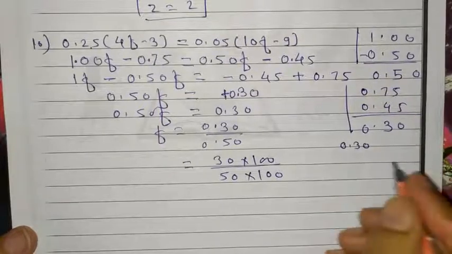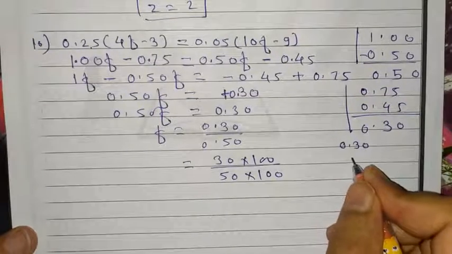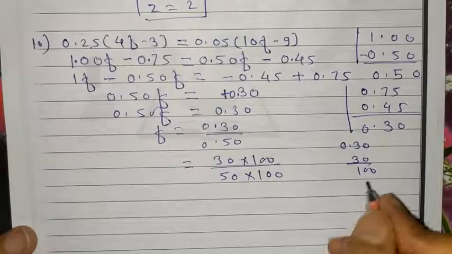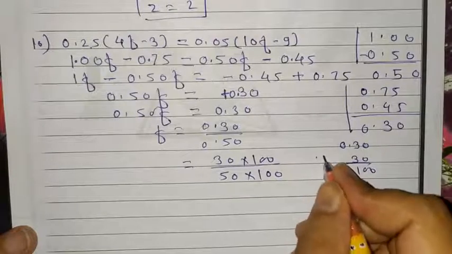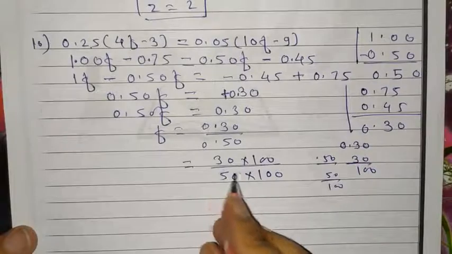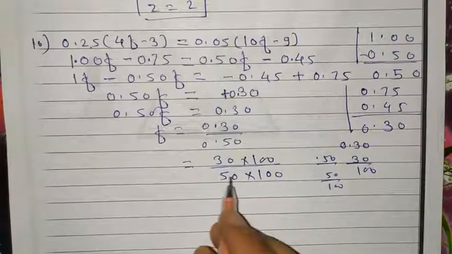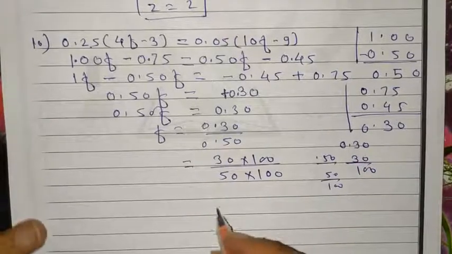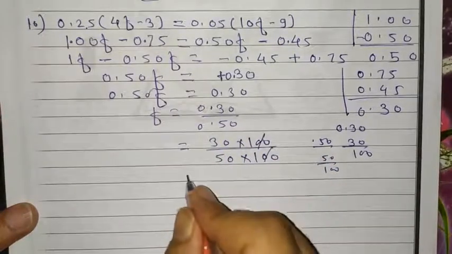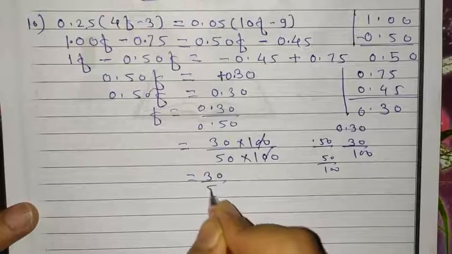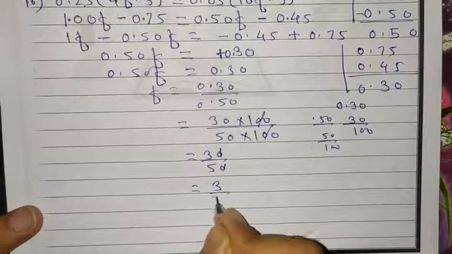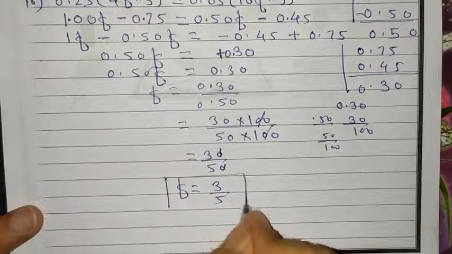Whenever you do the calculation, 0.30 is nothing but 30 upon 100, and 0.50 is nothing but 50 upon 100, so that's why I am multiplying with 100, because I want to remove the point, or without that also you can solve. So here 100 gets cancelled, here 30 upon 50, 0 gets cancelled, finally it is 3 upon 5.